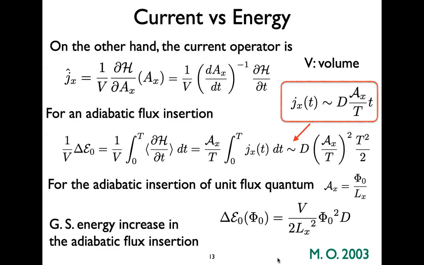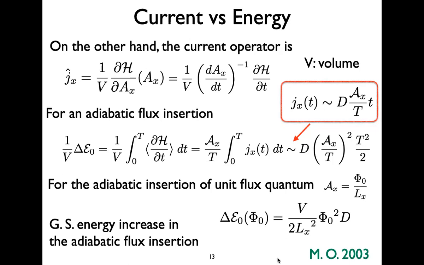But in my process, I'm increasing the flux of the vector potential linearly in time. So that means that for this particular process, you can replace the derivative with respect to the vector potential by a derivative with respect to time with some normalization factor.